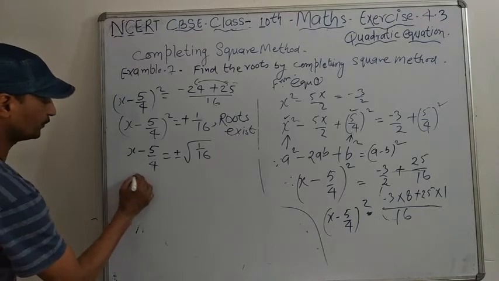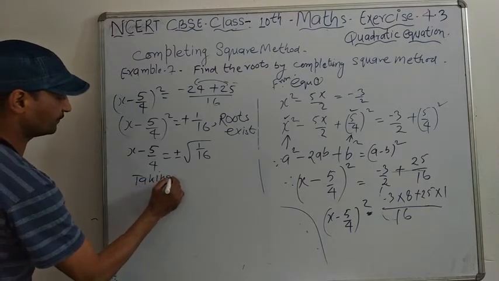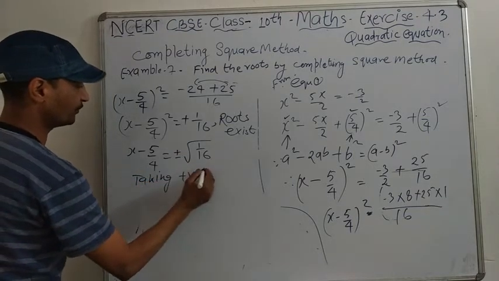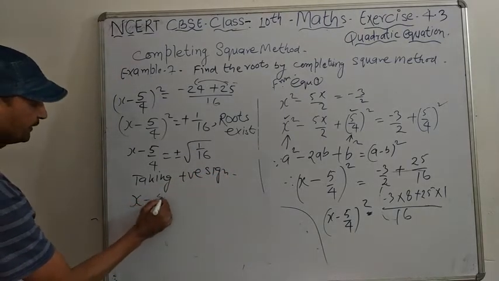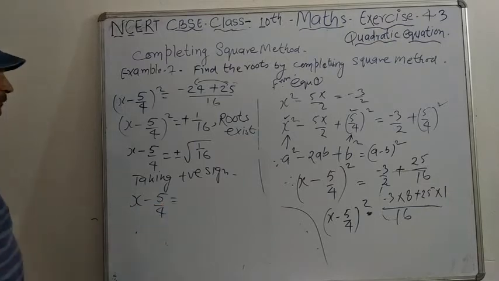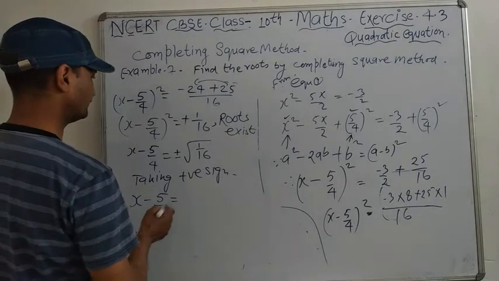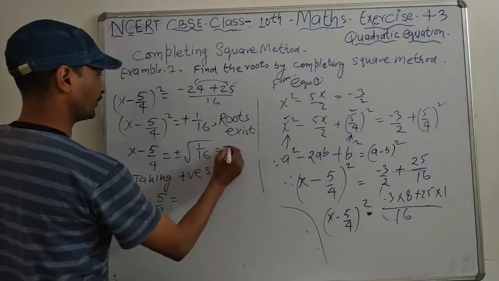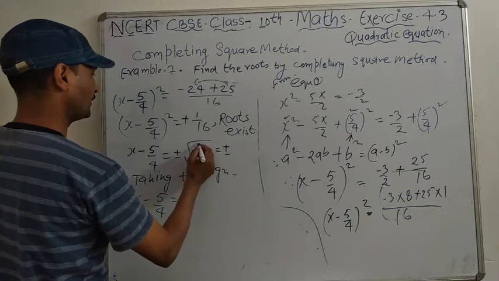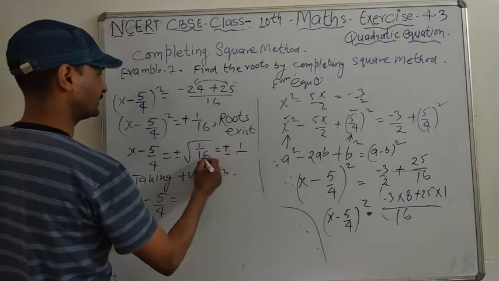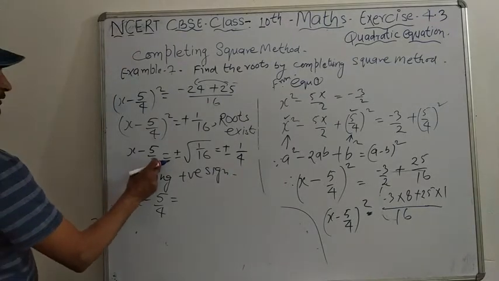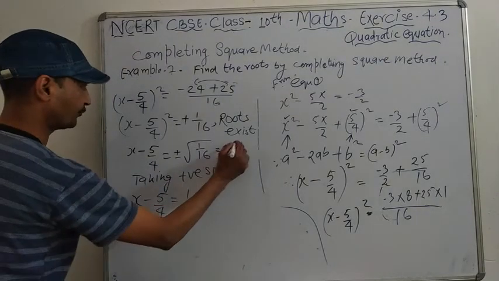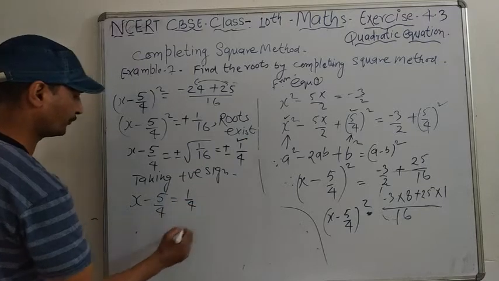So first taking the positive sign, because it is plus and minus. x minus 5 by 4 is equal to plus or minus the root of 1, which is 1, over the root of 16, which is 4. Taking positive, x minus 5 by 4 equals 1 by 4.